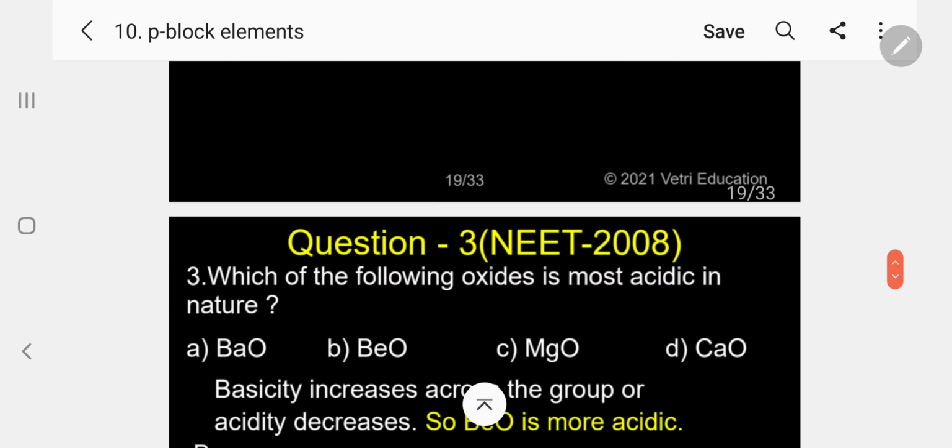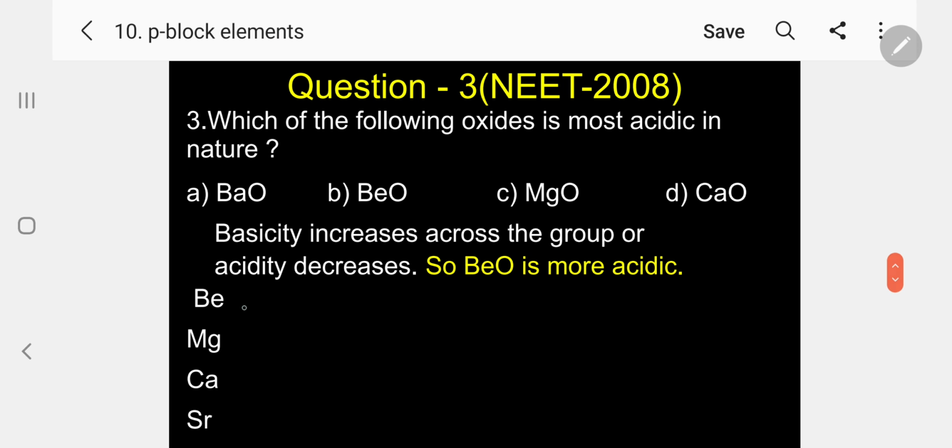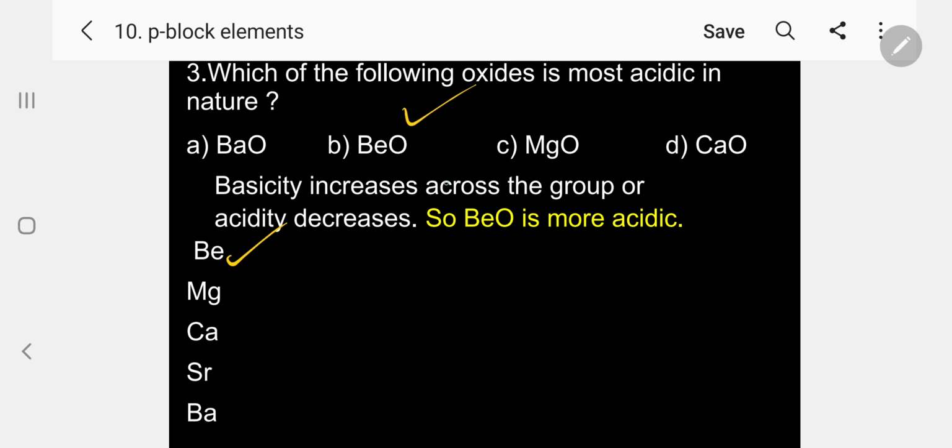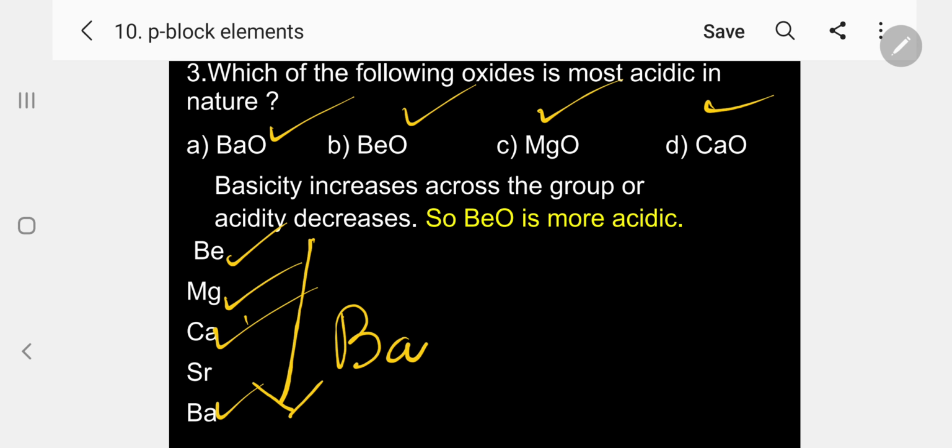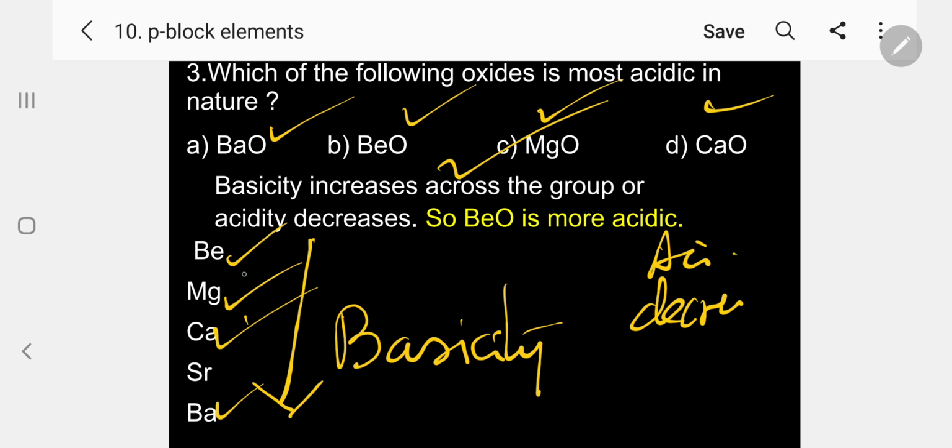So I have written beryllium, magnesium, calcium, strontium, and we have beryllium oxide, magnesium oxide, calcium oxide, and barium oxide.